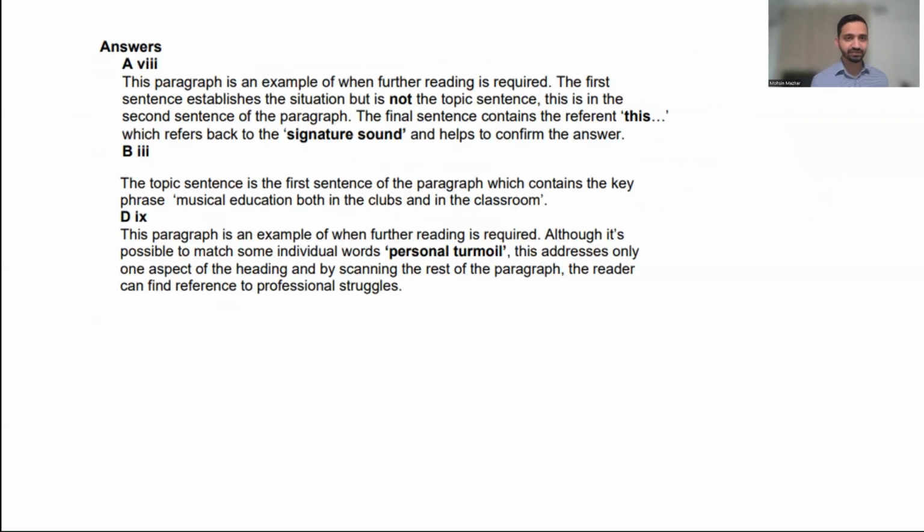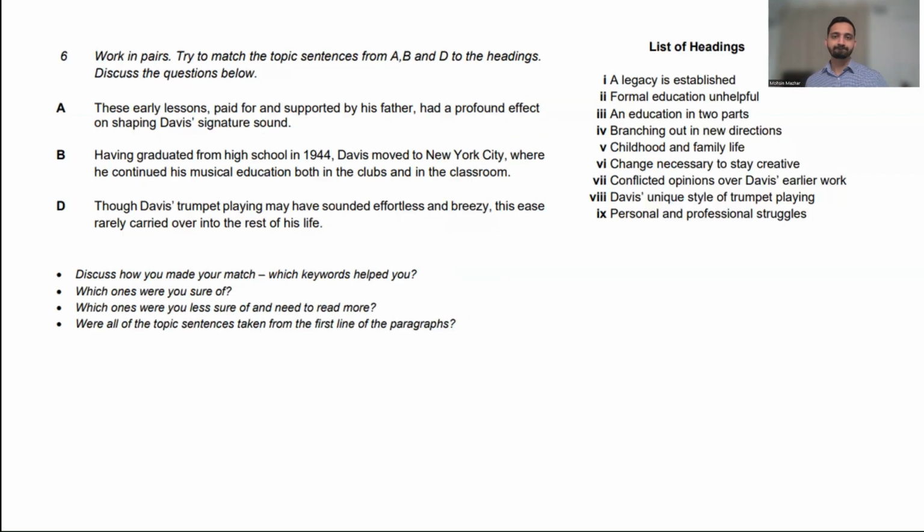All right, let's look at the answer, right? A is 8, numerical, sorry, is 8. Davis' unique style of trumpet playing. These early lessons paid for and supported by his father had a profound effect on shaping Davis' signature sound.